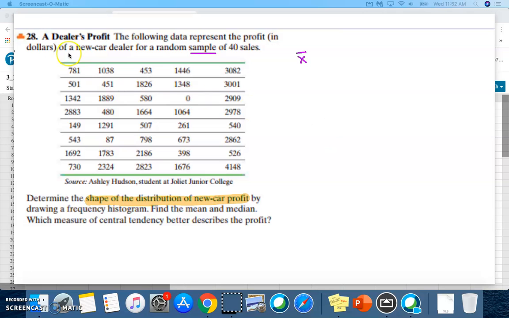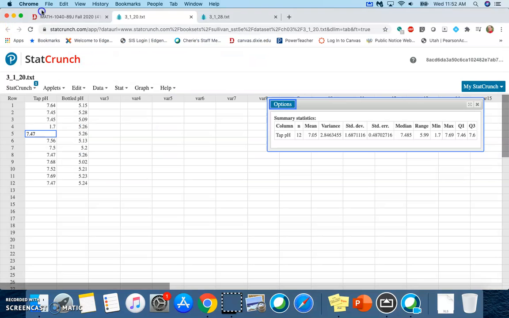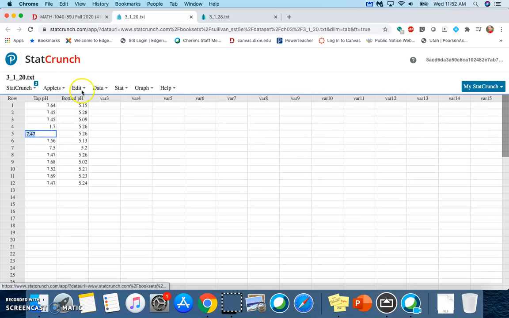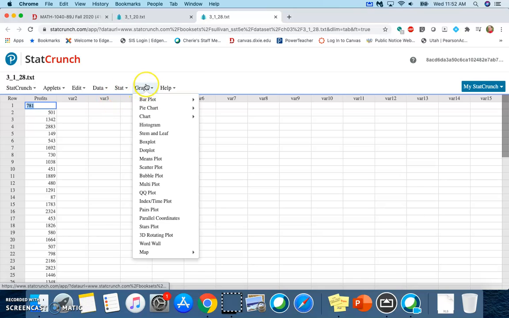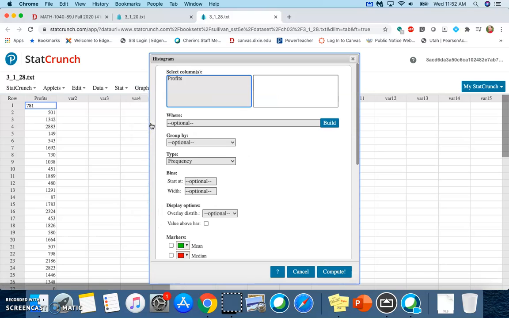So I'm going to jump over here. I'm just going to hide this, and here are all of my profits. With all my data, I'm going to go into Graph and Histogram, and I'll go by profits.